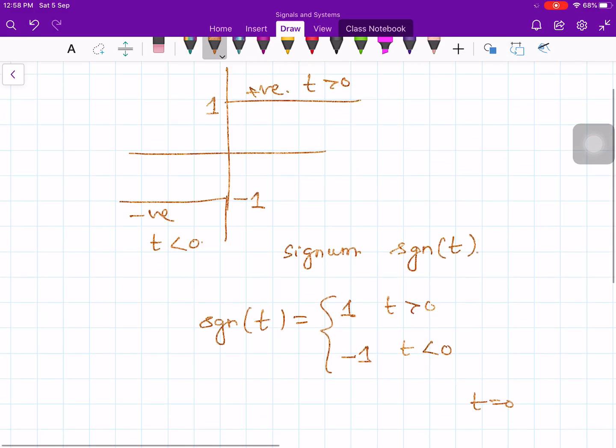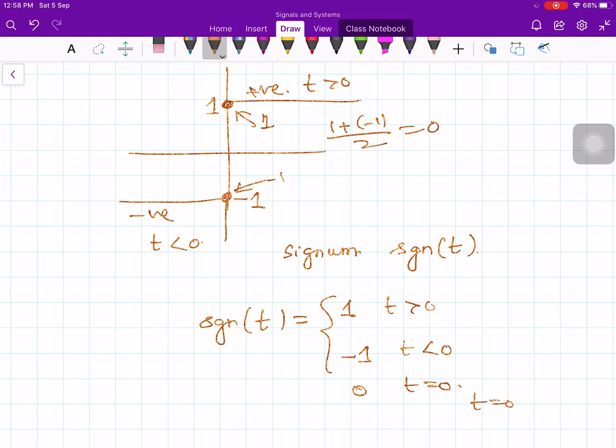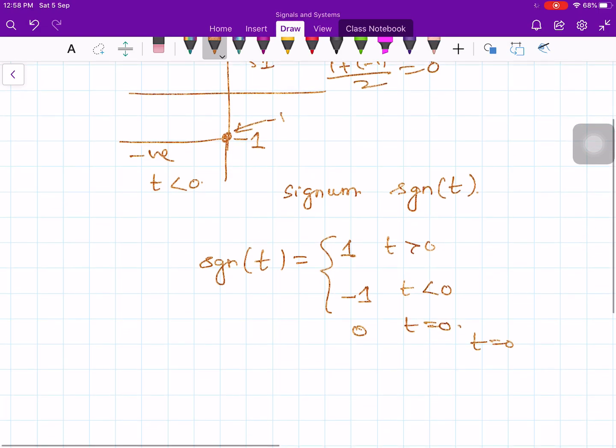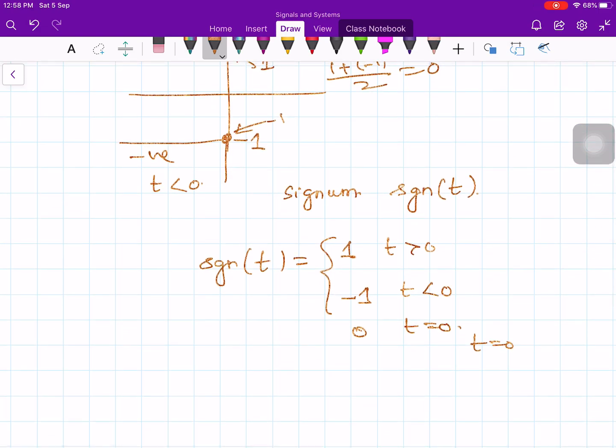Here the value is 1 and here the value is minus 1. You take the average, 1 plus minus 1 divided by 2, which is 0. Therefore, if somebody asks what is the value at t equals 0, you can say it is 0. And such a function will have a time variation like this. This is called a Signum function.